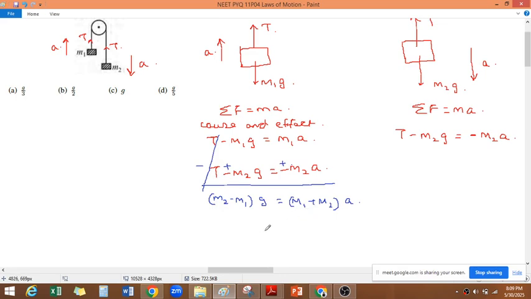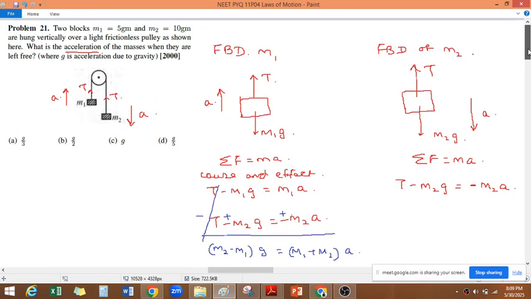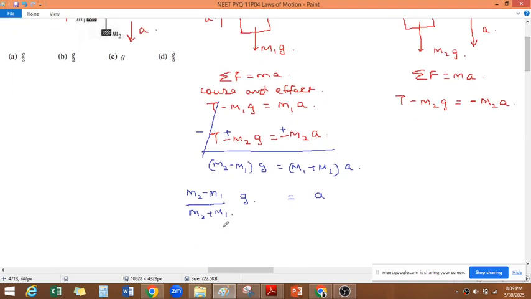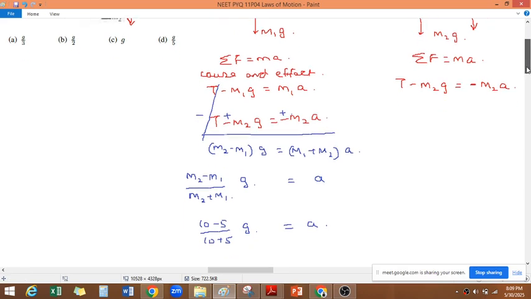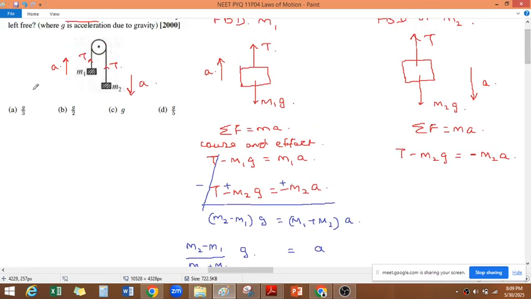So A is equal to M2 minus M1 divided by M2 plus M1 into G. M2 is 10, this is 5, so 10 minus 5 divided by 10 plus 5 into G. 5 divided by 15, that means 5 goes 3 times, so G by 3. So G by 3 is your answer.